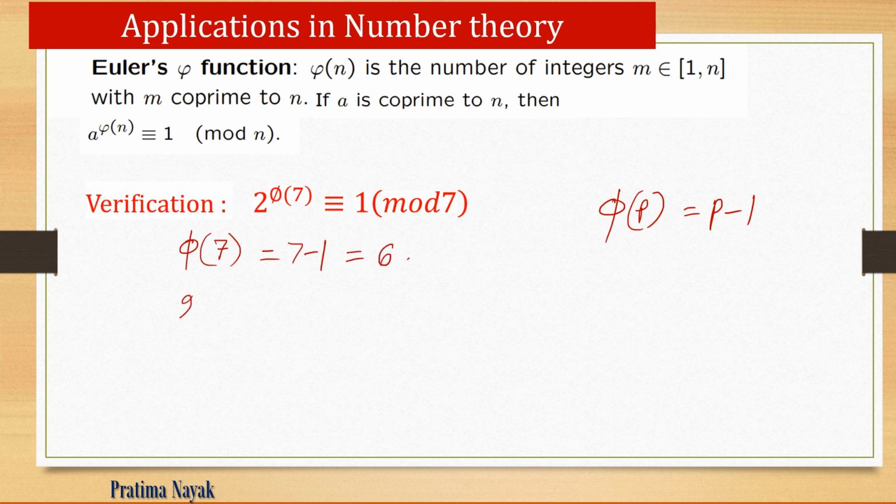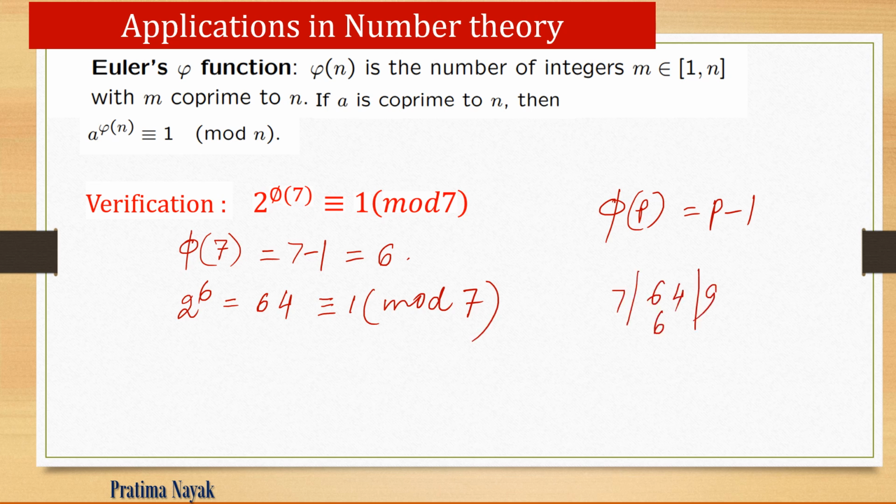So 2 power 6 on the left side equals 64. Now 64 is congruent to 1 modulo 7, right? Because when 64 is divided by 7, we get 1 remainder. So it is correct. So we can apply this concept now.